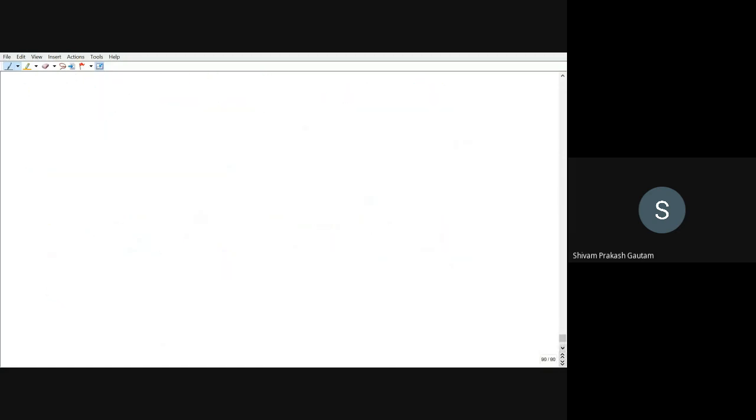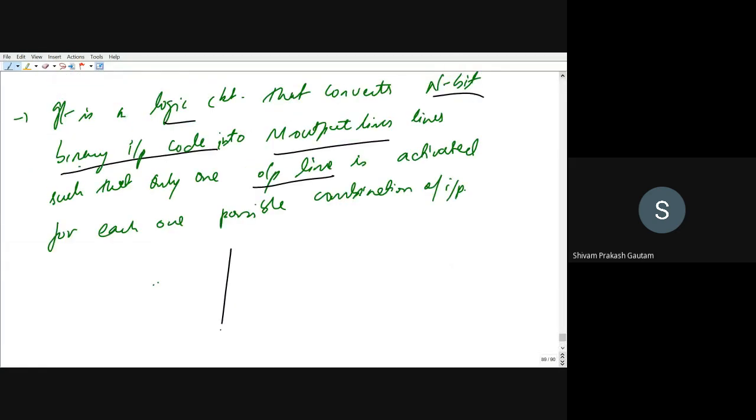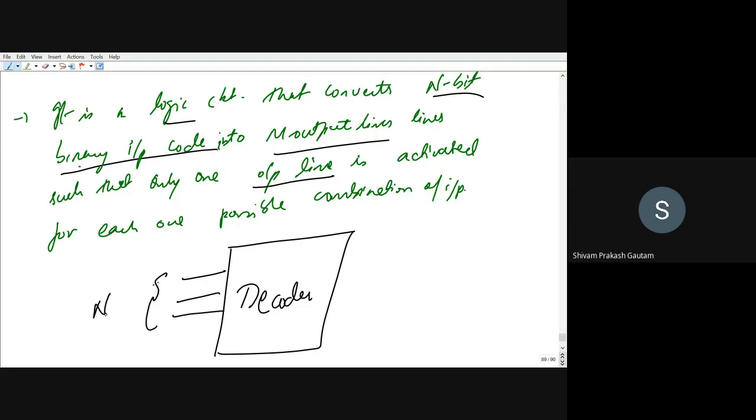For example, if I want to draw a block diagram of a decoder, you can say that we are having here n input lines and m output lines, and only one output line will be enabled. One means either this can be enabled, this can be enabled, this can be enabled, or the last one can be enabled, depending upon the suitable combination of the input.